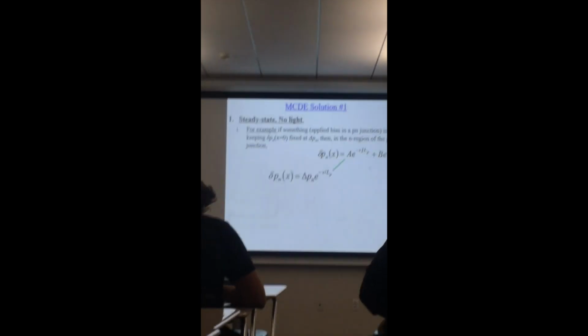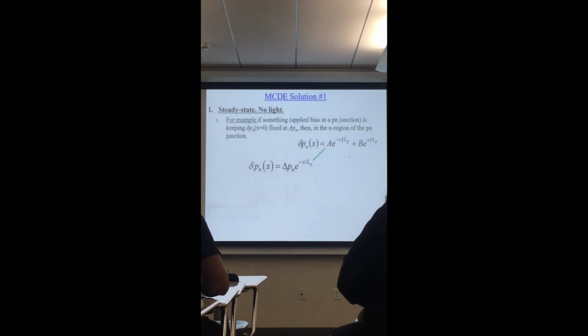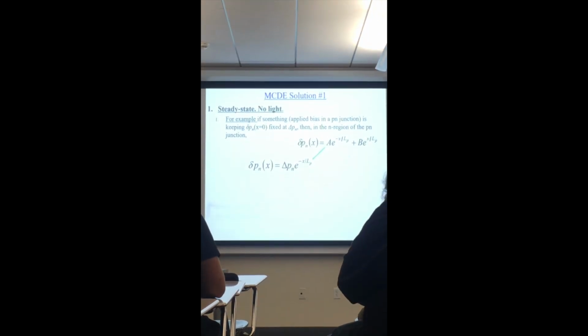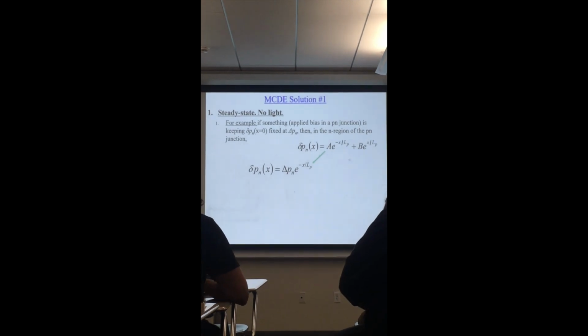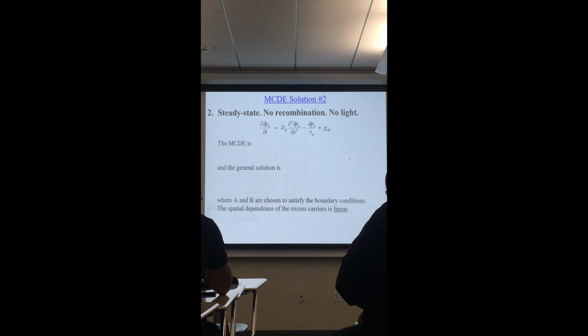This initial value is given by delta p sub n. This is a steady state, with no light. Basically, this excess minority carrier concentration decays away exponentially as you move away from the junction, and this decay length is L sub p.